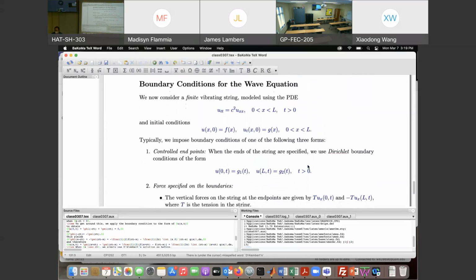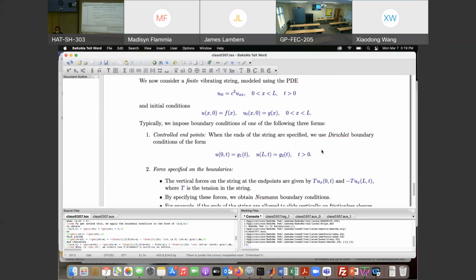Now, this is sort of a setup for what I'll talk about on Wednesday. What if we're on a bounded interval, so we have boundaries at x equals 0 and x equals L? As far as how you solve this problem, you do use a separation of variables like process, and that's something I'll get into on Wednesday. But I just want to talk about the boundary conditions.